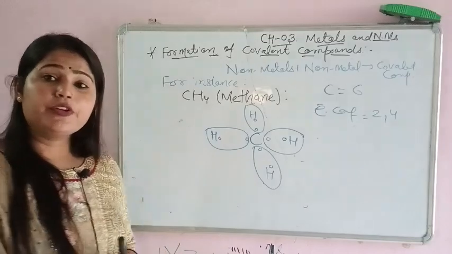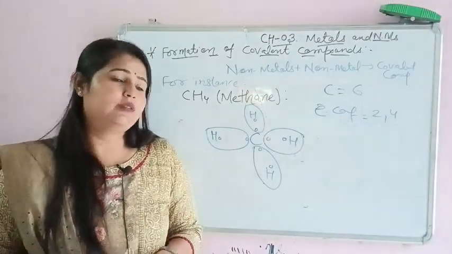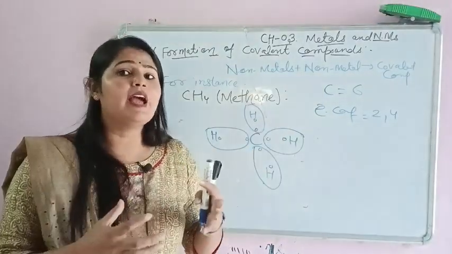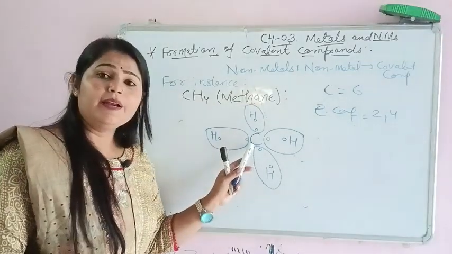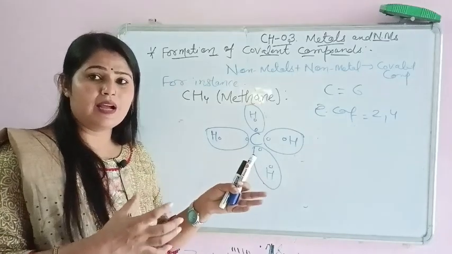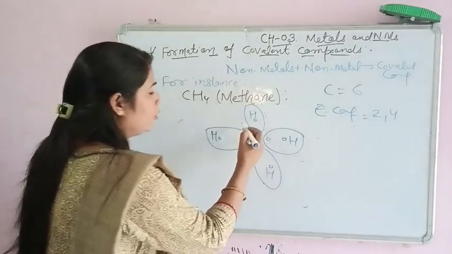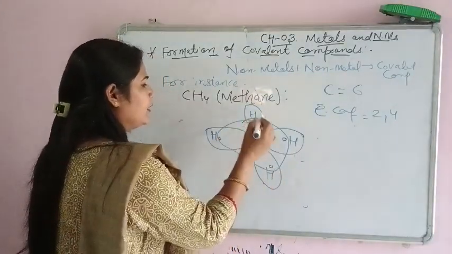So 4 hydrogen atoms are present here, and these 4 hydrogen atoms acquire their stability by sharing 1 electron each from the carbon atom. Now when carbon shares the electron to hydrogen, carbon also shares 1 electron from the hydrogen atom.